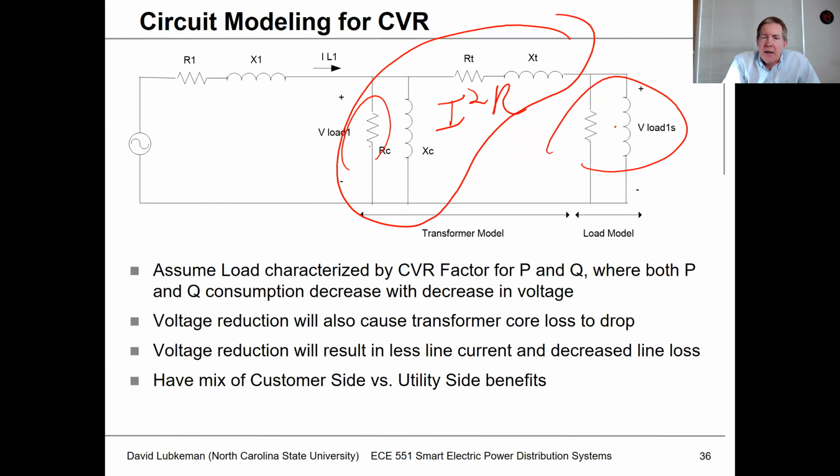And so I'll also get some reduction in I²R on the line as well. So there's a number of places where we can reduce losses and reduce energy consumption. We would need to take this into account if we were looking at a comprehensive business case in this situation. So not only would you have utility side benefits, but you could also claim having some customer side benefits as well.